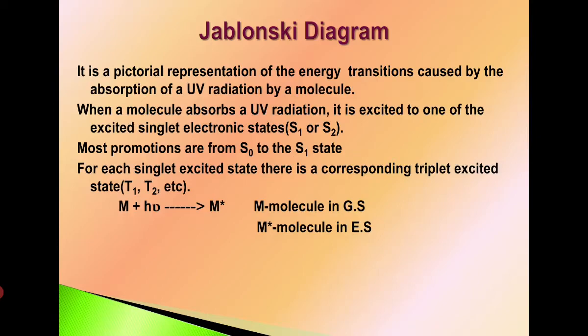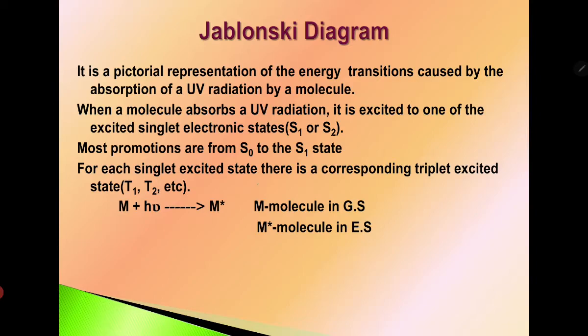Therefore it is a pictorial representation of the energy transitions caused by the absorption of UV radiation by a molecule. When a molecule absorbs UV radiation, it is excited to one of the excited singlet electronic states. Most promotions are from S0 to the S1 state.